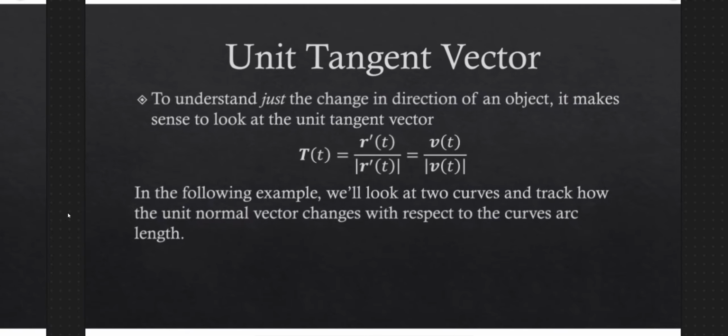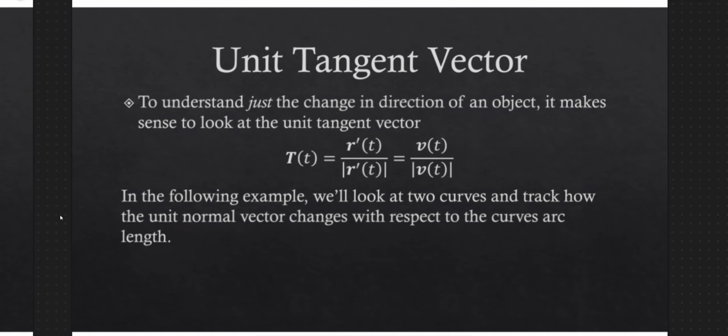So how do we get a hold of this quantity? Well, if we just want to study the change in direction and not change in speed, it makes sense that we should be working not with just the tangent vector, but rather the unit tangent vector, right? We strip the tangent vector of all of its magnitude, or rather we force it to have magnitude of 1.